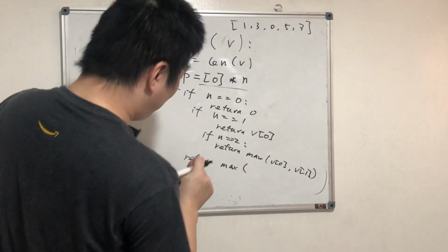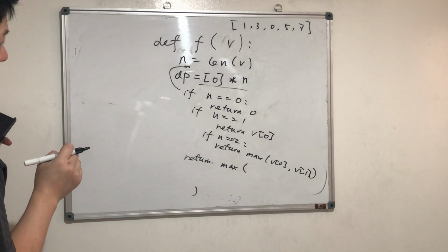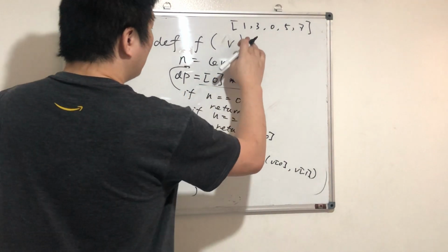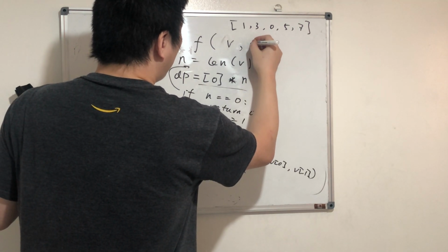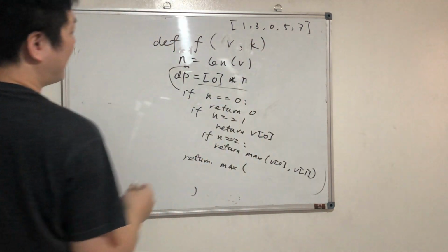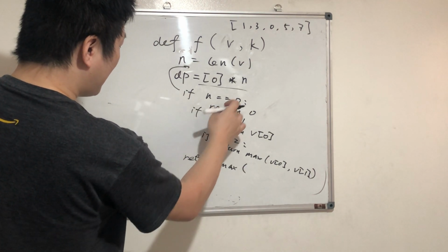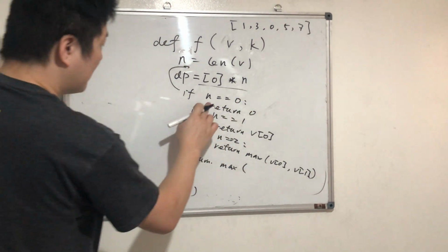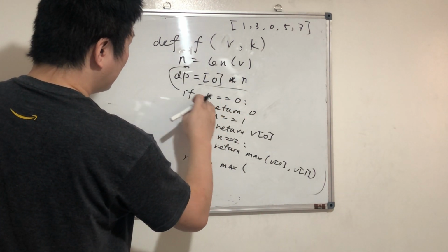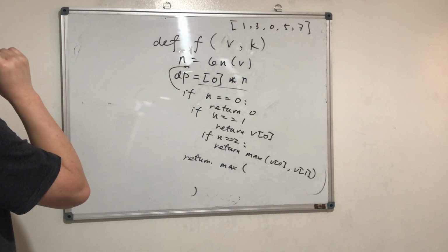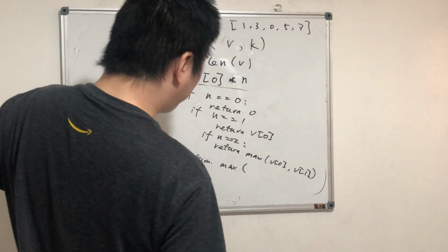Actually, we are missing a parameter here. Actually I want to pick k. Okay, now it's k. Because it's not n. So n is... how can we write this better?